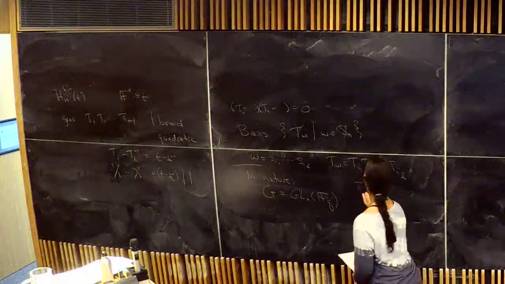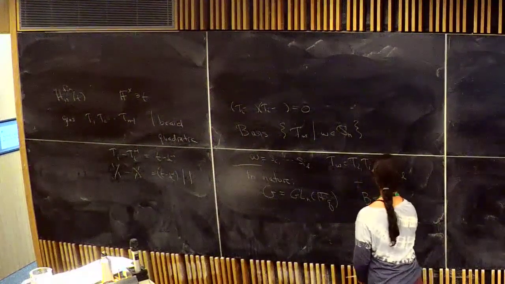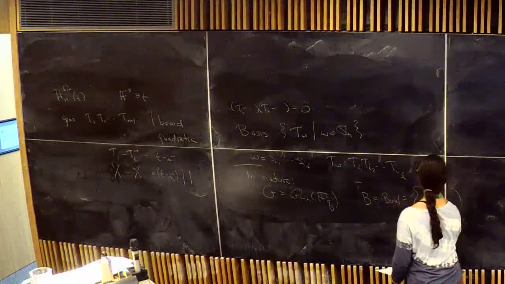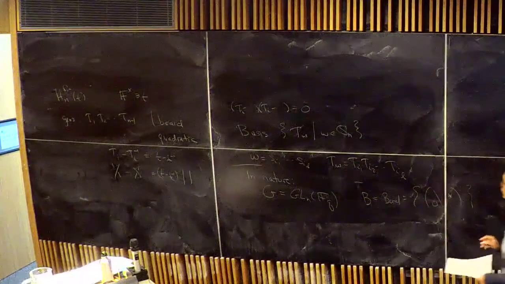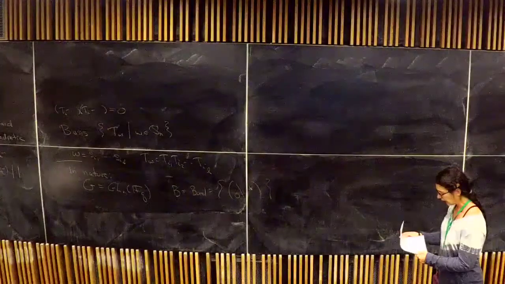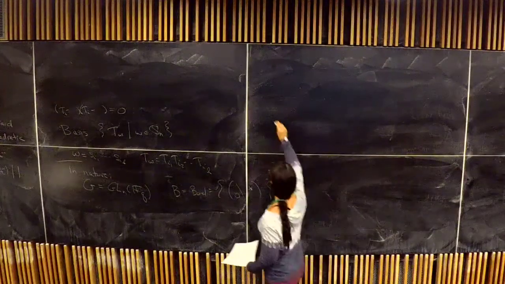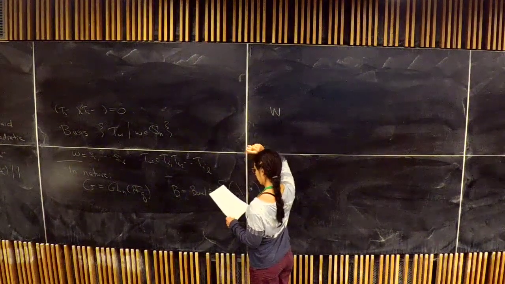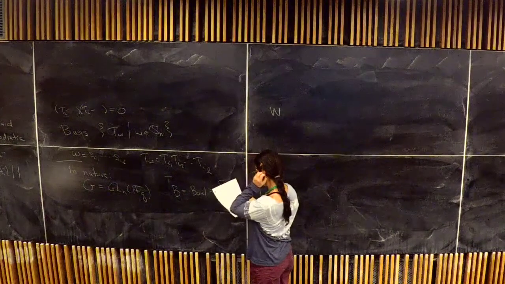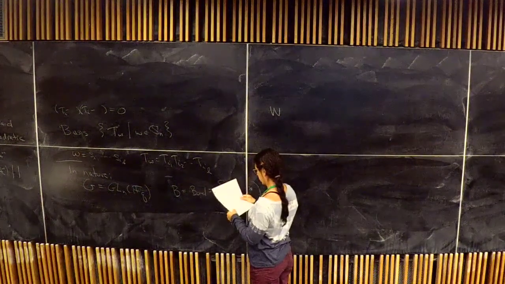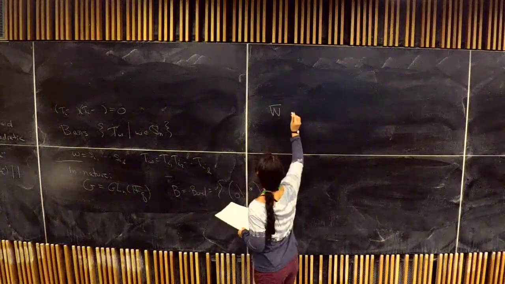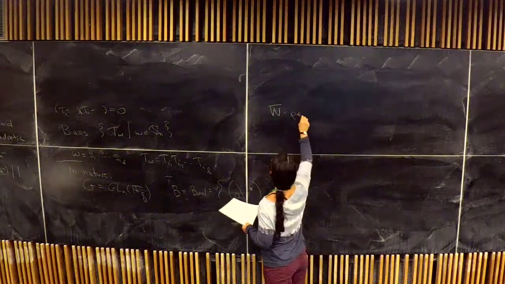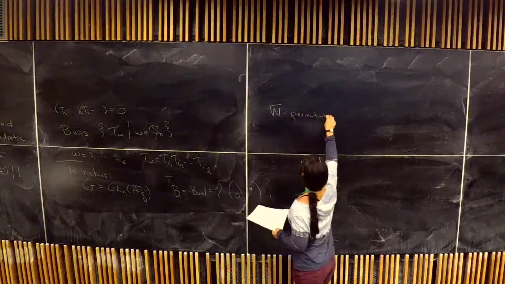We can let B be a Borel, which I'm going to take to be upper triangular matrices. And I'm going to let W bar, with a bar to distinguish it from other times I used capital W before, be the set of permutation matrices inside of here.